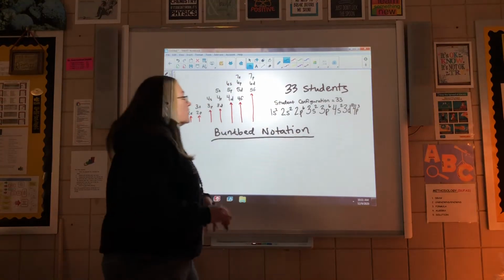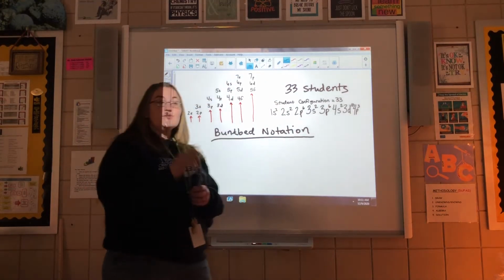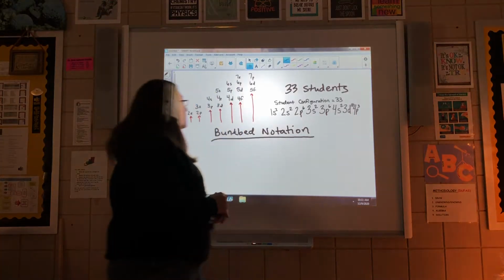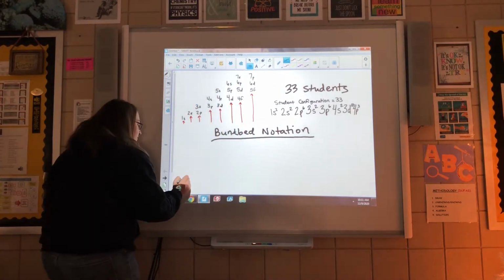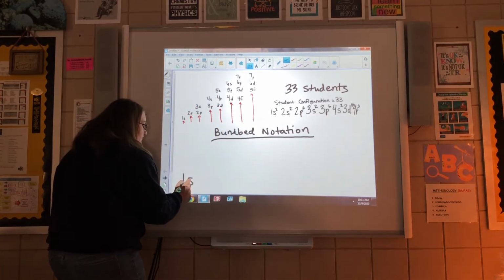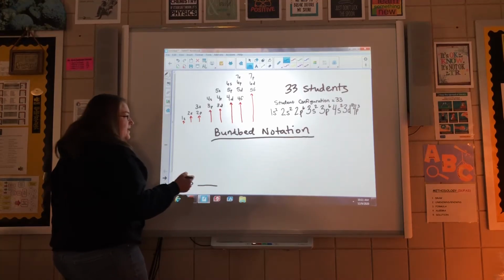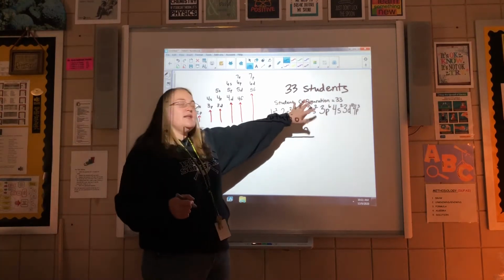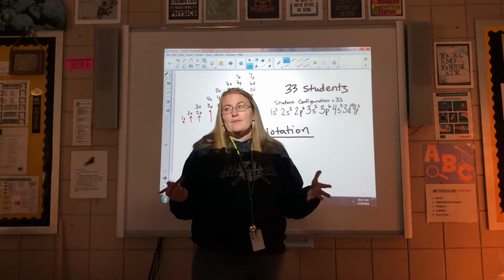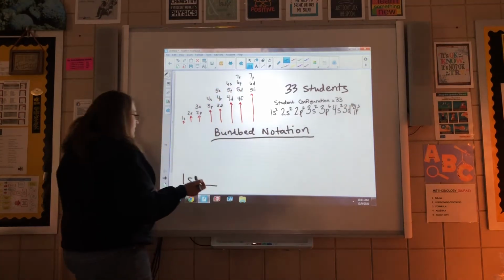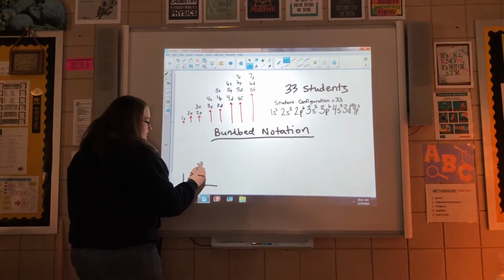All right, so in order to do bunk bed notation, this is when we're going to use the lines. Okay, so I have 1S, and I have a bunk bed. And I know for my configuration, I know I'm going to the party room, so I'm going to go ahead and probably draw all this out. I know that I've got 2S, and it's got a bunk bed.